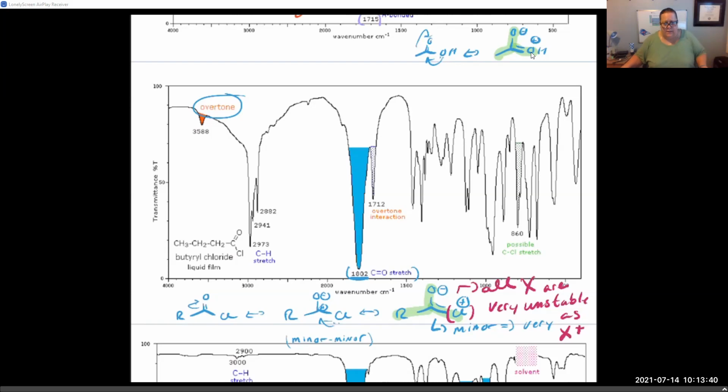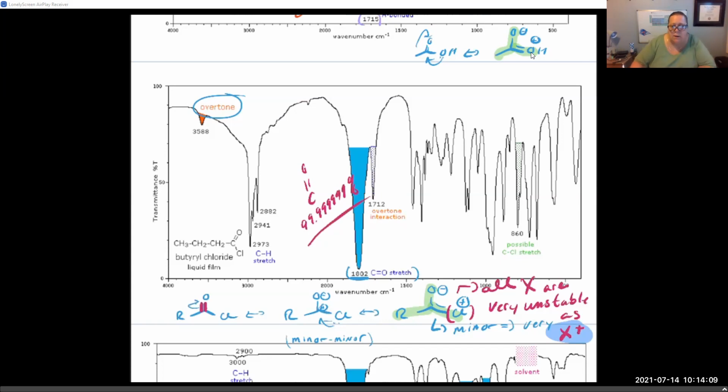And so again, the only thing you need to know as an organic 2 student is that this right here doesn't happen. That X plus doesn't really happen. As a result, this carbonyl is mostly like this, the double bond, like 99.999999999% as a C=O bond.